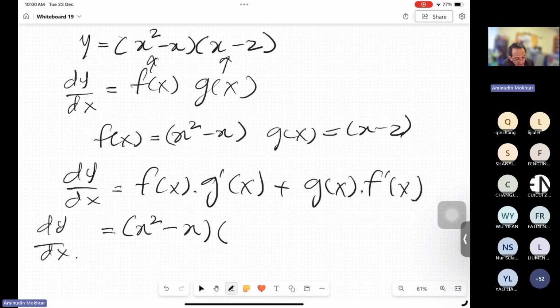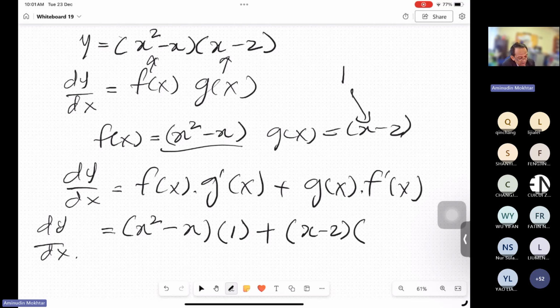The derivative of x is always equal to 1. So this is equal to 1, plus g(x), which is x minus 2.